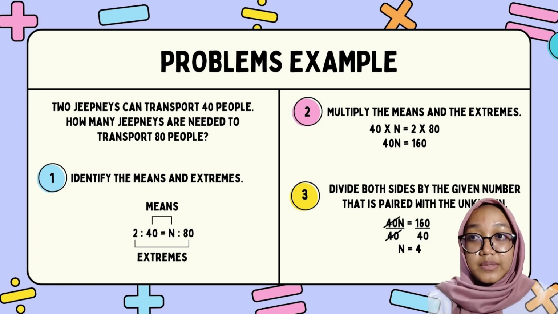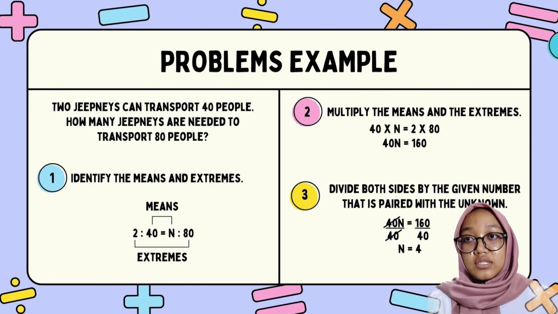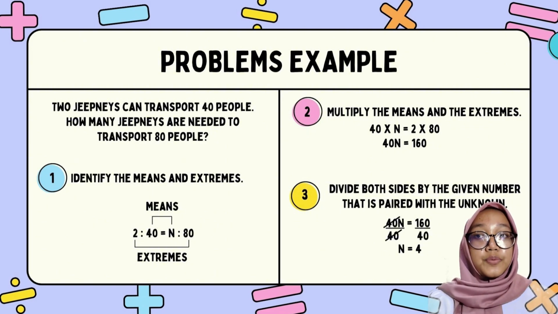The first step is to identify the means and extremes. We have 40, 2, 80, and how many jeepneys are needed we will call n. So we can write one proportion equal to another proportion.